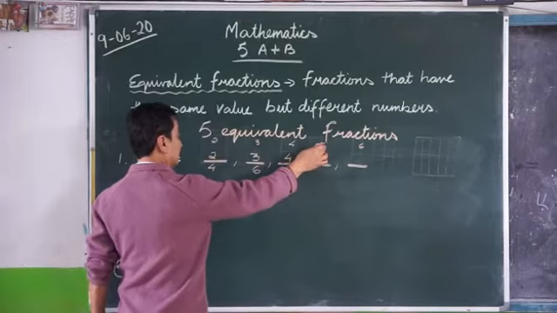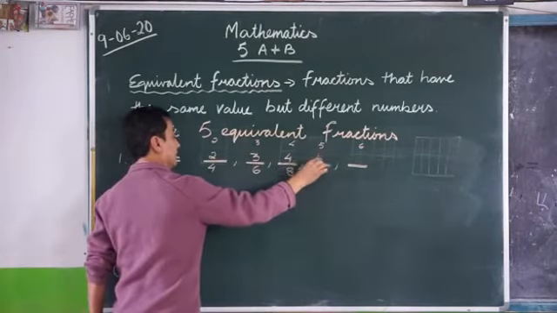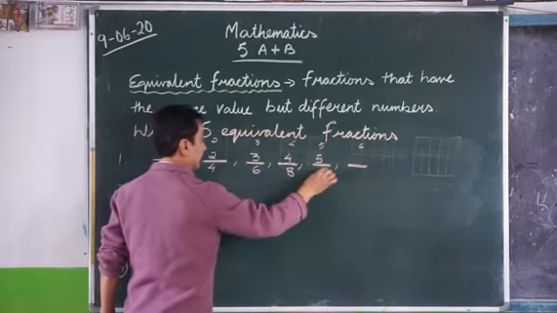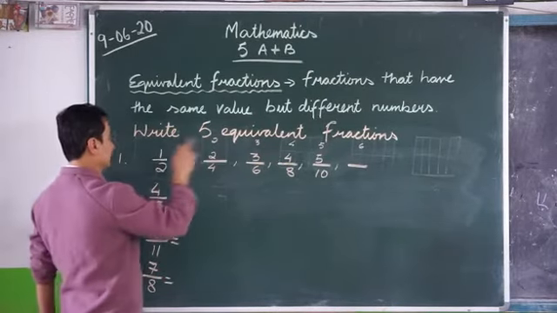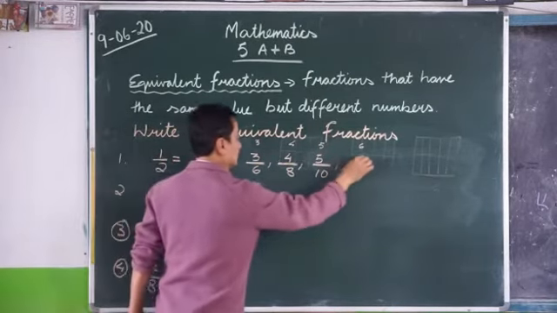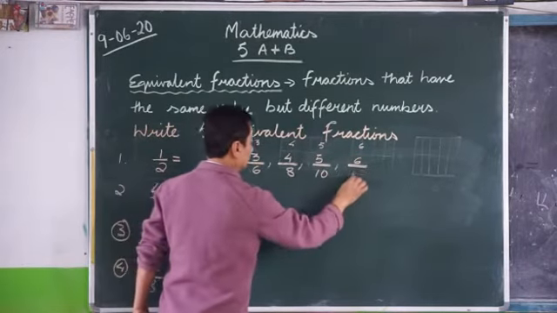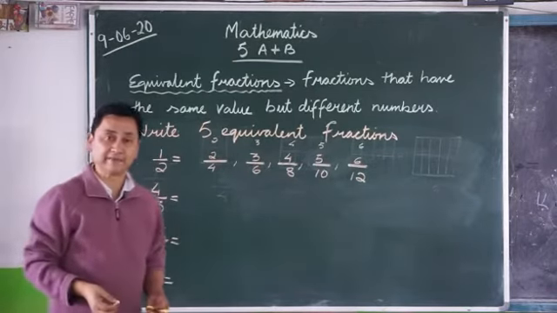First with the numerator, 5 ones are 5. Now denominator, 5 twos are 10. Now with 6. 6 ones are 6. 6 twos are 12. Now for the other fraction also we can do the same thing.